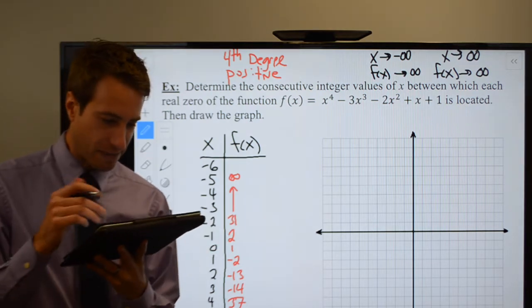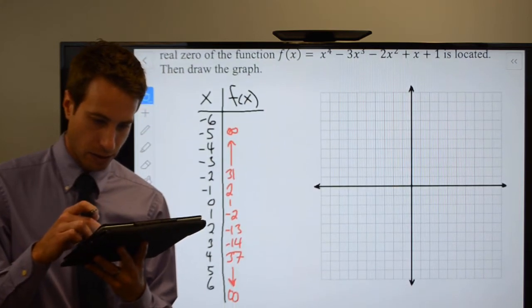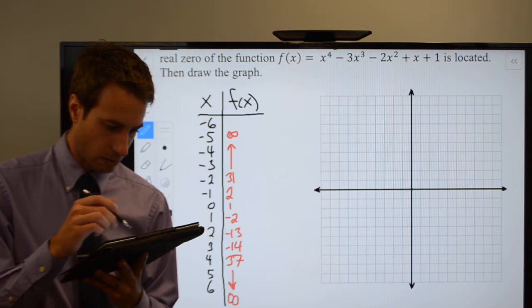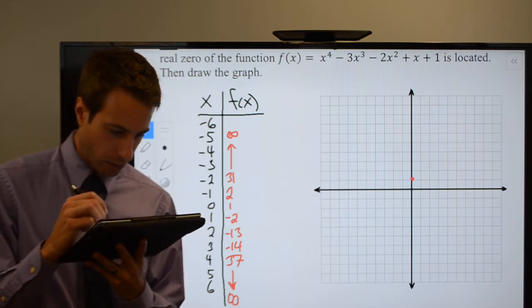Let's go ahead and graph as many of these as I can. All right, 0, positive 1.